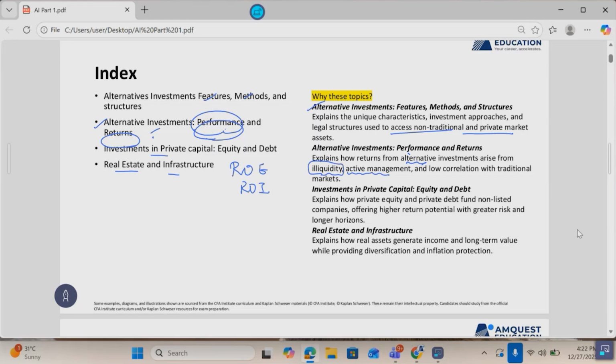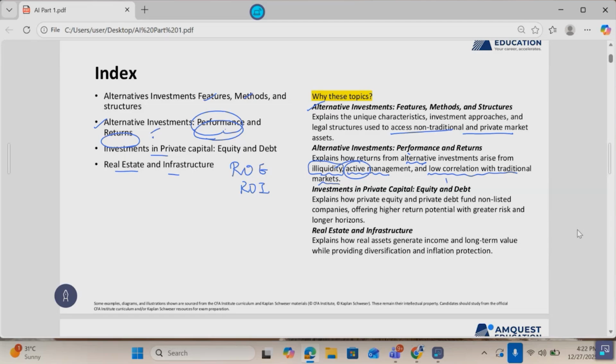Like silver, if you see, the price boomed, then fell down, then boomed again. So you have to make sure that you are reacting to the changes. You need active investment, right? And one of the biggest reasons why we want to invest in alternatives is because it has a low correlation with traditional investments, which also means you get better diversification.